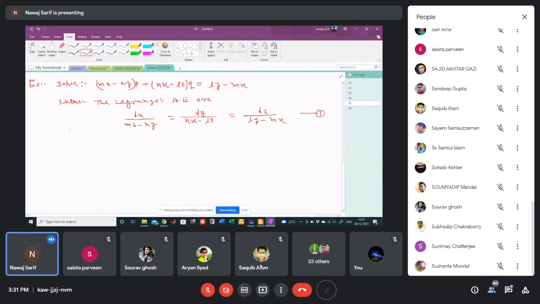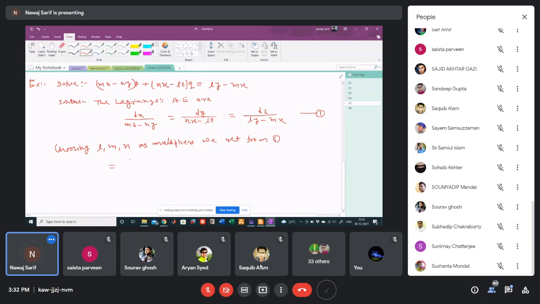Choosing l, m, n as multipliers, we get from 1, what will you get?